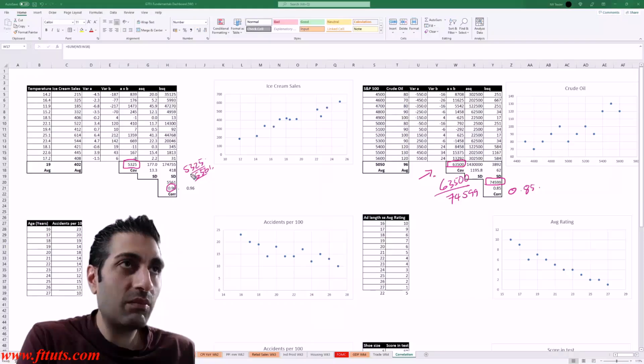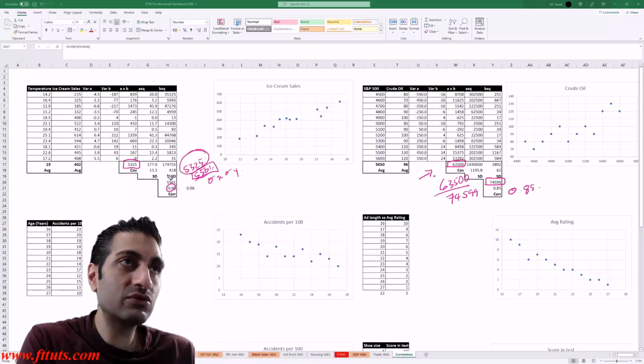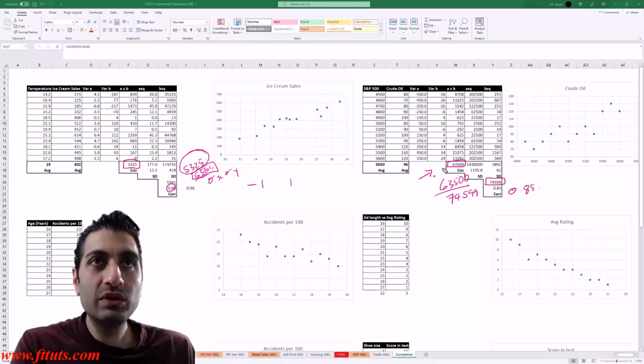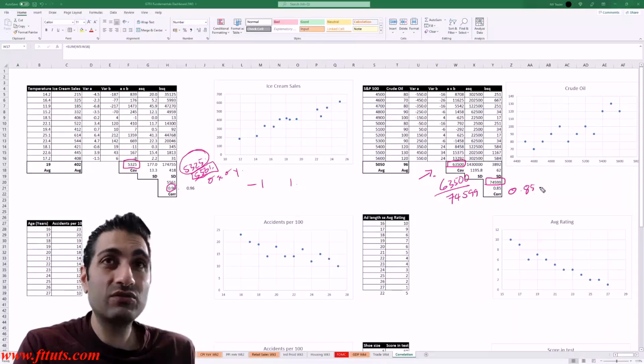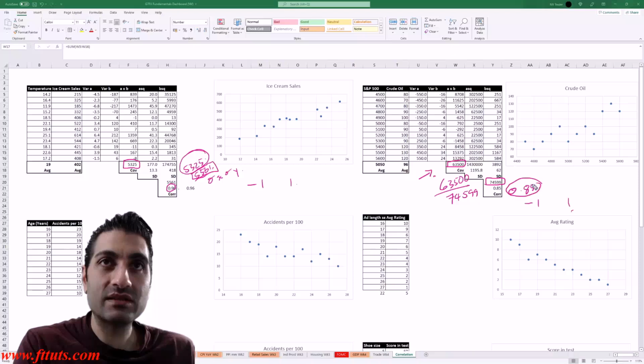By taking the sum of the standard deviations, you're standardizing this 5325 into a number that goes between -1 and 1, okay? By doing the same thing for S&P versus crude, you're standardizing 63,500, which gives you a number between -1 and 1, and in this instance, it's 0.85.